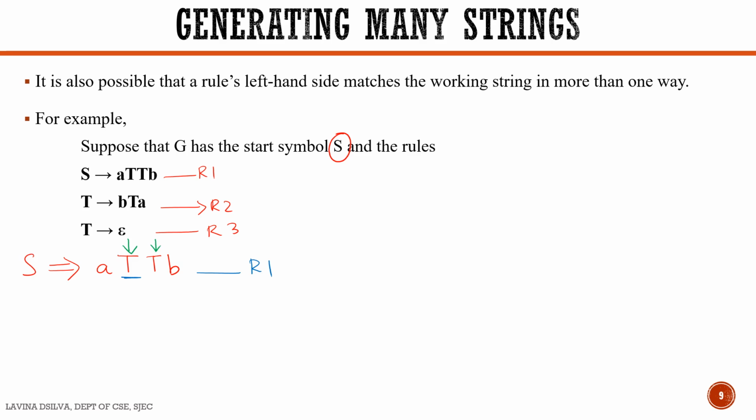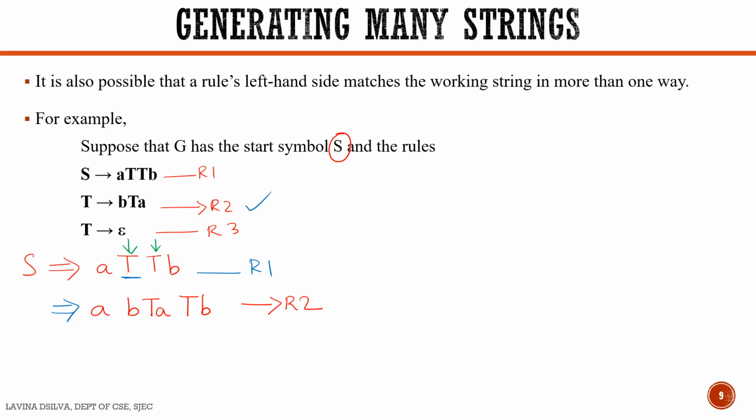Consider that we are replacing the first T by making use of rule number 2. So we have A, this T is replaced by rule number 2, so it would be B, T, A, and we write the second T as it is and the B. So we have made use of rule number 2.